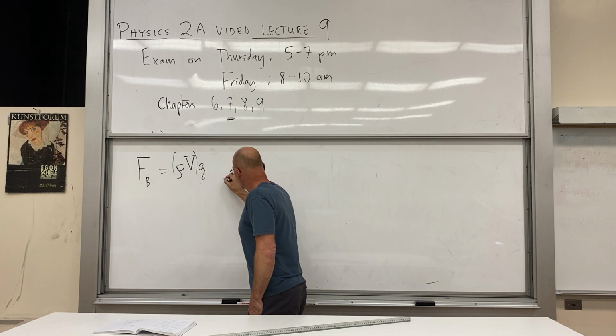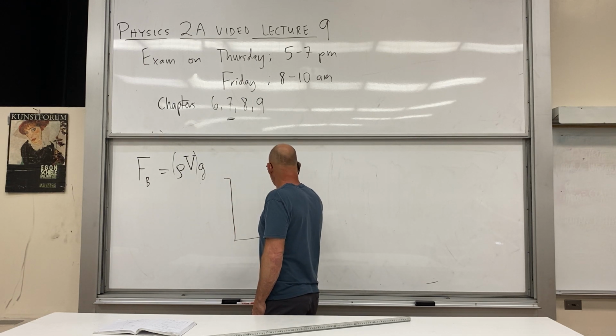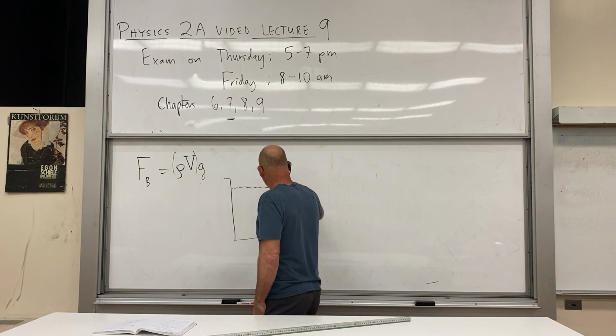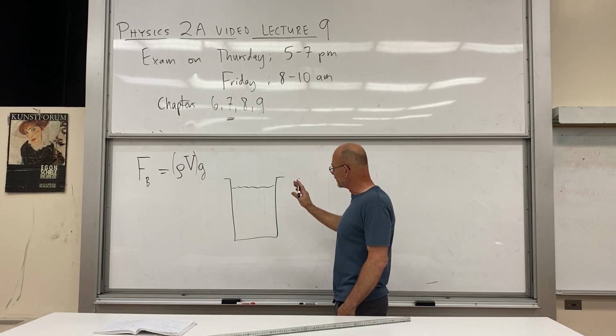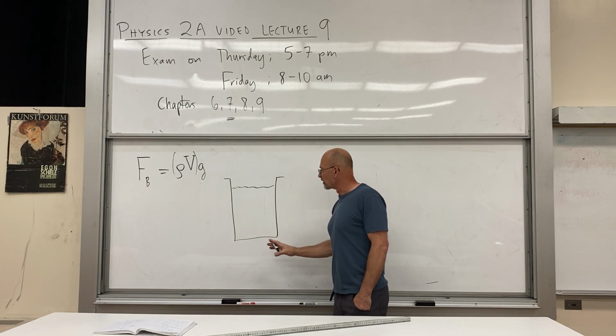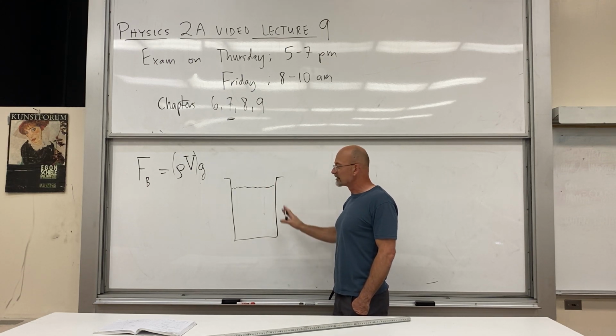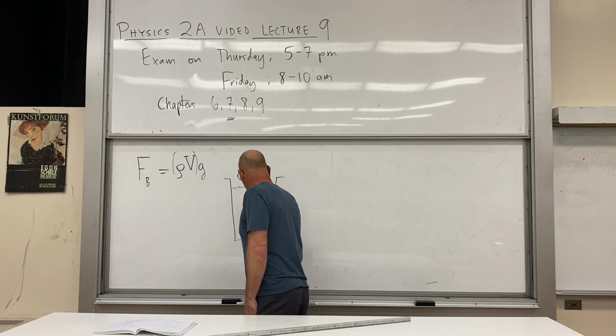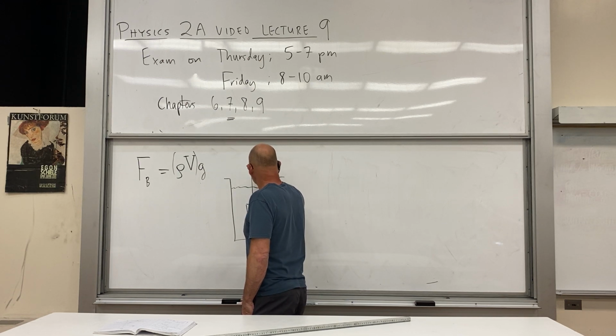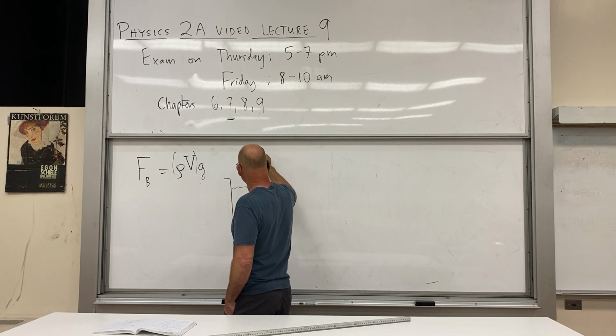Then really the prototypical example that covers a lot of other examples. If you understand this one well, and our lab is on this, without the string by the way, but if you have something more dense than water hanging in water here, and there's a string with a tension, we could even measure that tension by hooking it up to a scale.